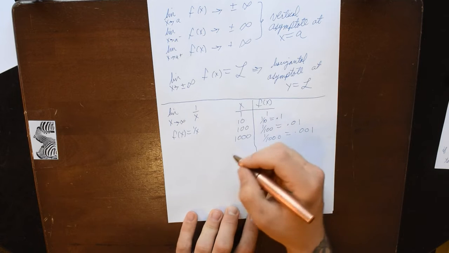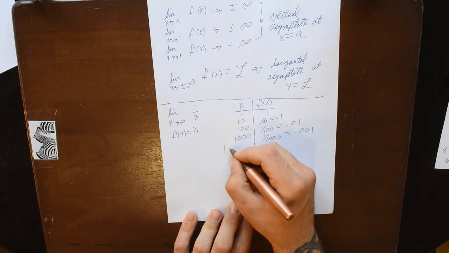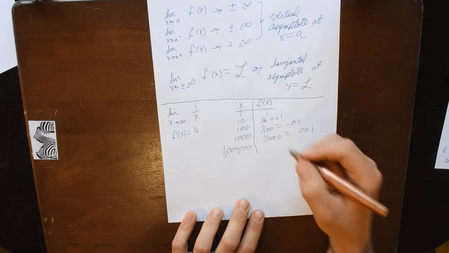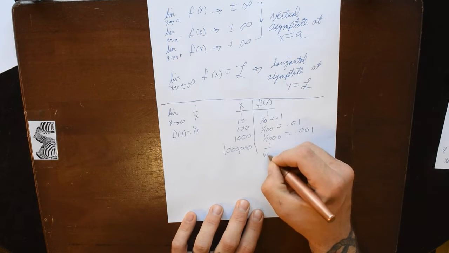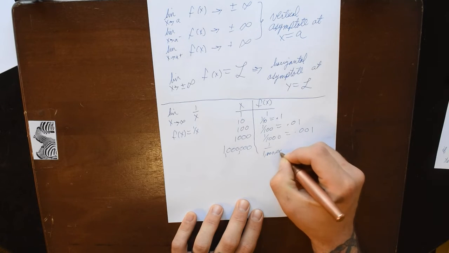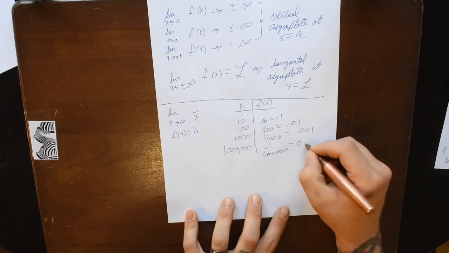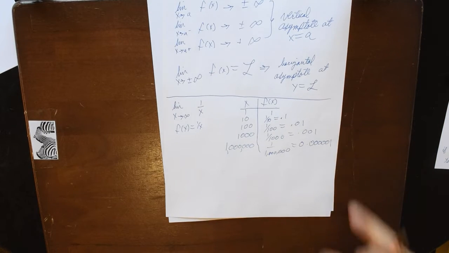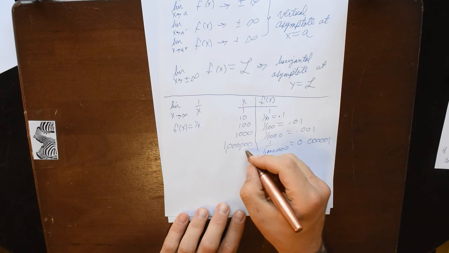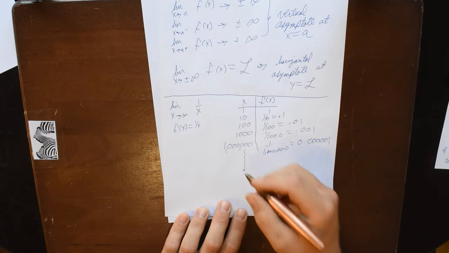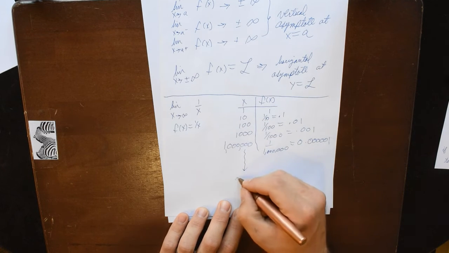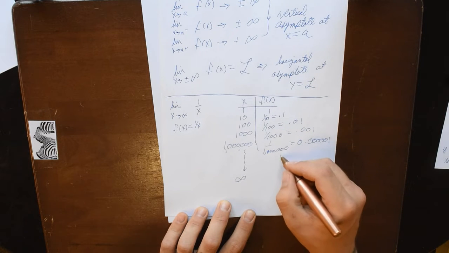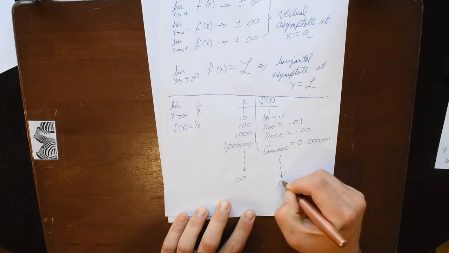If I plug in 1 million, that's going to be 1 over 1 million, or a 0 with 5 zeros followed by a 1. So as the value of x increases without bound, the value of 1 over x is going to tend towards 0.